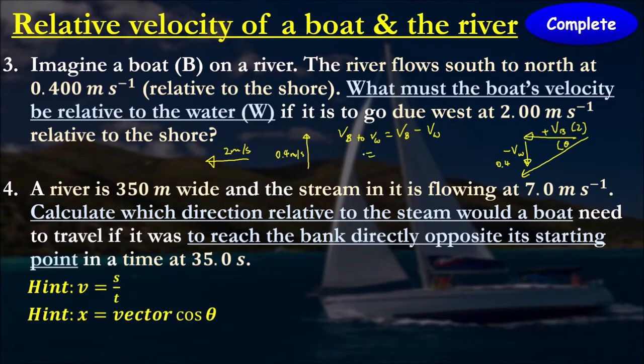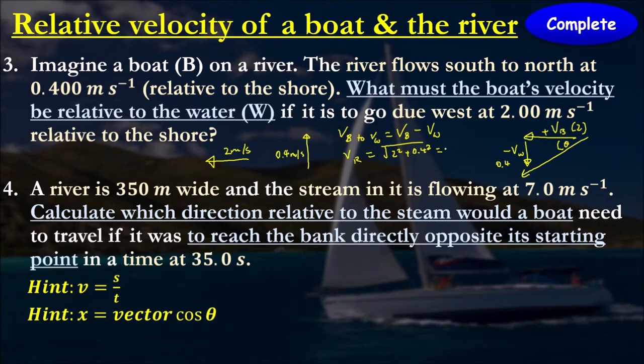So the resultant component is just 2 squared plus 0.4 squared.